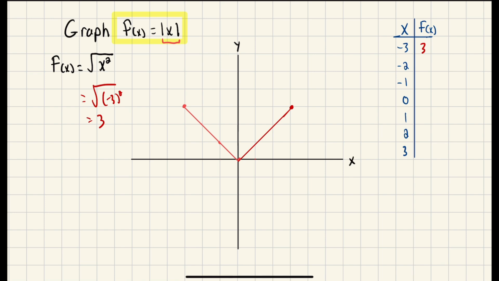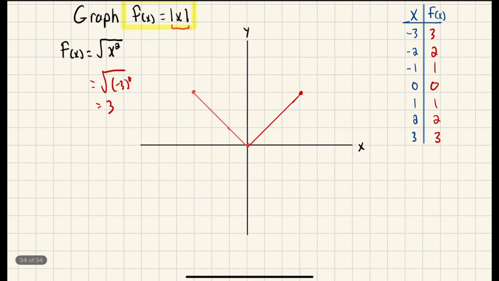And if I do -2 squared, that's 4, and then the root of that would be 2. I would notice that I have the same exact values. And if we were to plot these, you get the exact same graphs.